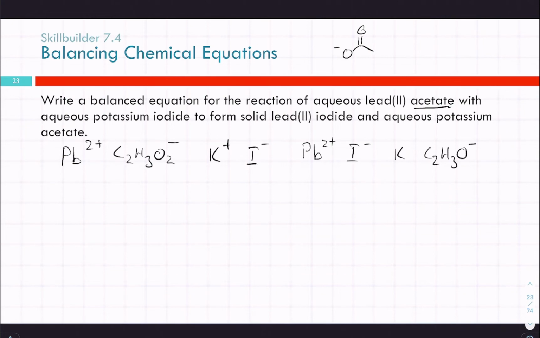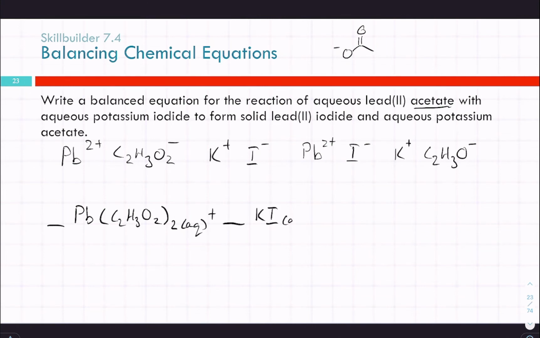So all of these are ionic compounds. For lead acetate, it's going to be Pb, and because lead has a 2+ charge, we're going to need 2 acetates. So C2H3O2, all in parentheses, subscript 2, and that's aqueous, plus potassium iodide.